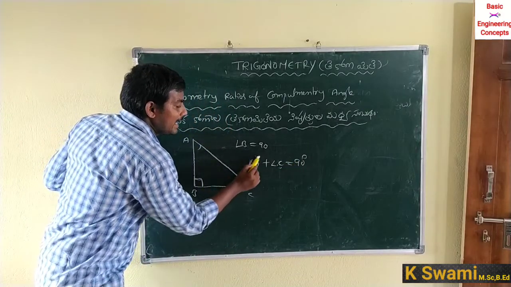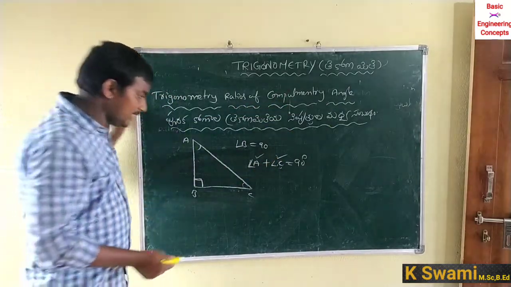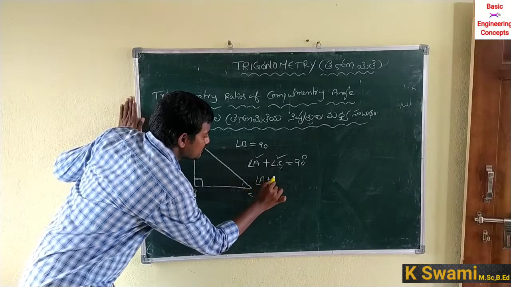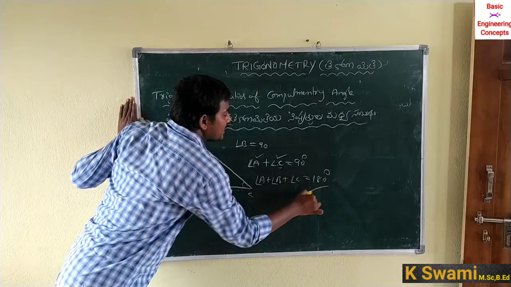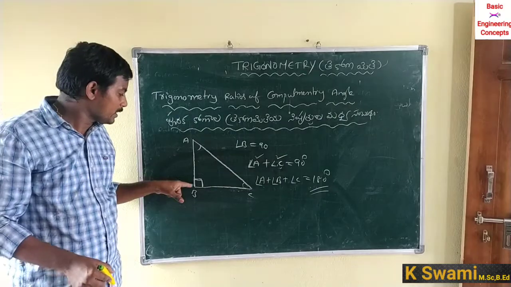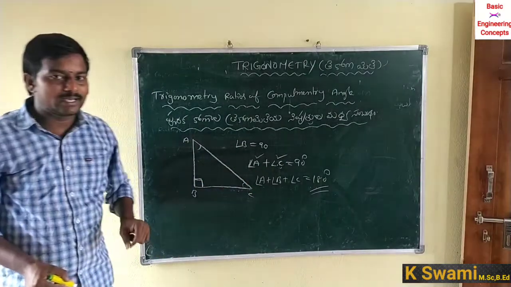Angle A and angle C are called complementary angles. Finally, the sum of the angles A plus B plus C is equal to 180 degrees, which means the sum of the angles of a triangle is equal to 180 degrees.